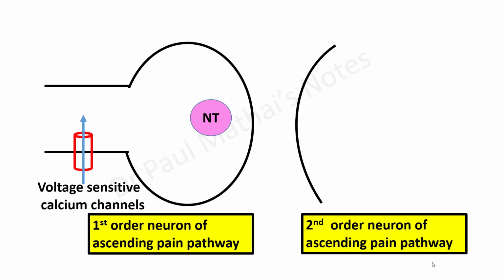It is also worth remembering that the second order neuron of the ascending pain pathway has potassium channels. And when these channels open, potassium enters the second order neurons, causing hyperpolarization and deactivation of the second order neuron of the ascending pain pathway. So these are certain points that are worth remembering before proceeding.